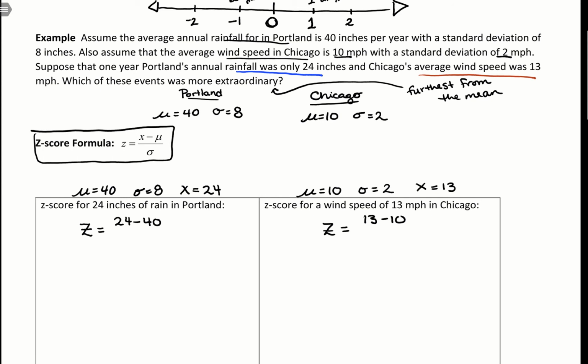So this is where we need to divide by our standard deviation. So we have this distance, but we're going to cut up that distance in terms of these standard deviations of 8. So now we have this distance, and it's giving us our value in terms of standard deviations. And here, where we have this distance, cut up that distance based on having standard deviations of 2, and what we'll get are these two numbers that we can compare to each other.